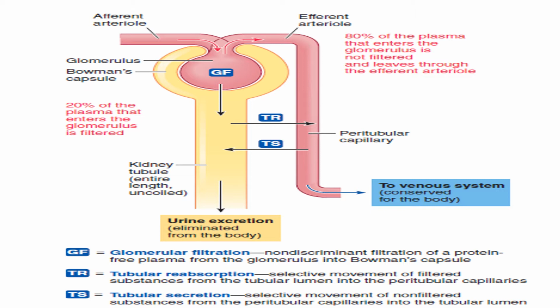You can see that this is the glomerular filtration. From the glomerulus, the filtrate is coming to the tubular lumen. Okay. And removal of solutes from the tubular lumen and then coming to the peritubular capillaries, this process is tubular reabsorption. While if the solute is coming from the peritubular capillaries to the tubular lumen, the process is known as tubular secretion.